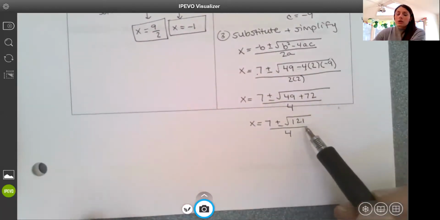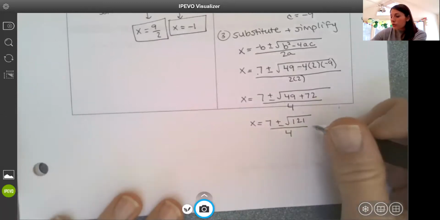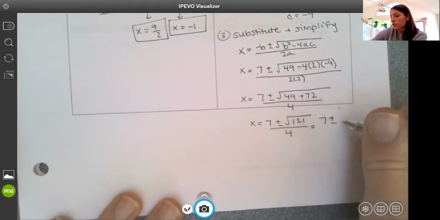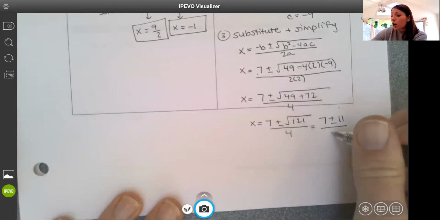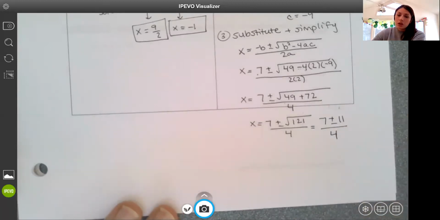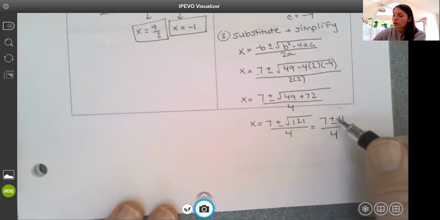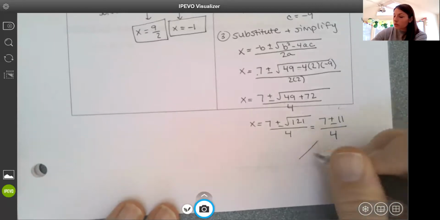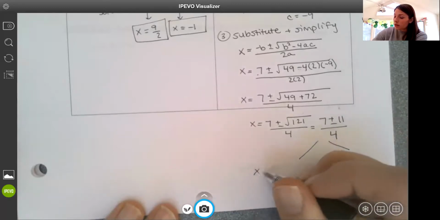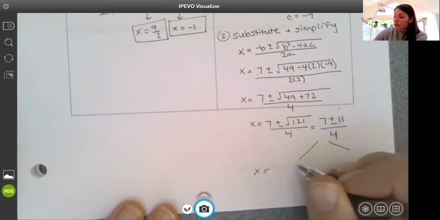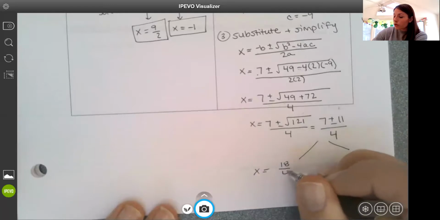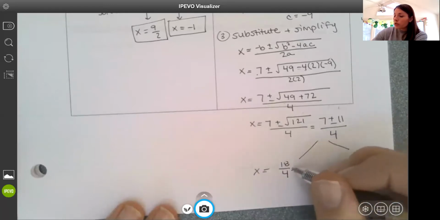Now, this 121 is a perfect square. So that means I have 7 plus or minus 11 all over 4. And now I can get my two answers because I can do 7 plus 11. Let me split this. 7 plus 11, giving me 18 over 4, which simplifies to 9 halves.